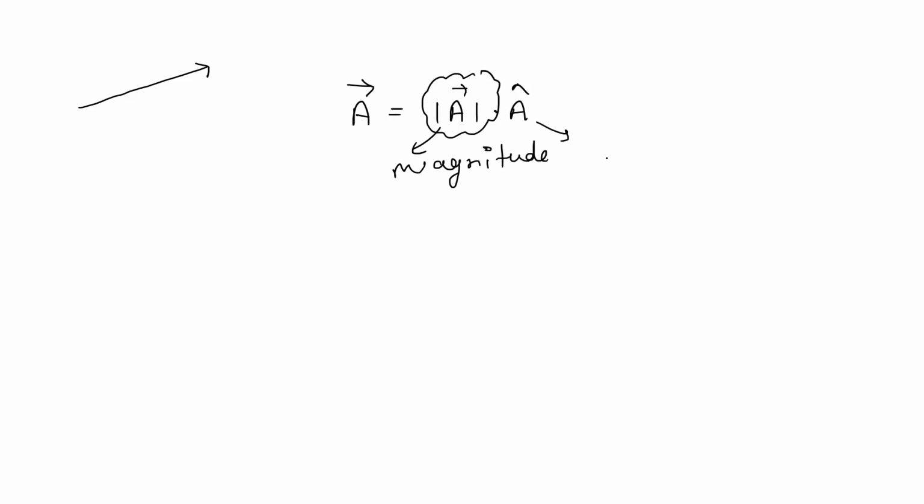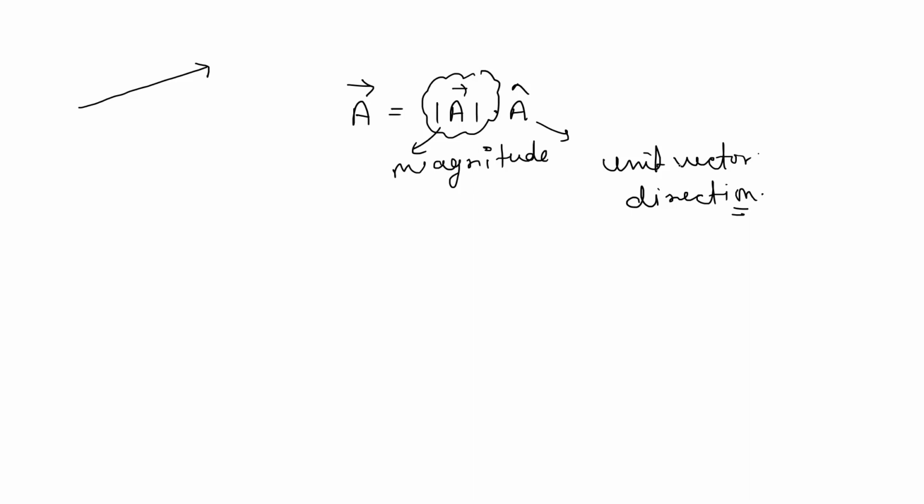You can represent a vector by resolving it into a magnitude and a direction. This part gives a clear picture about the magnitude, and this is a unit vector, which gives the direction for the vector.